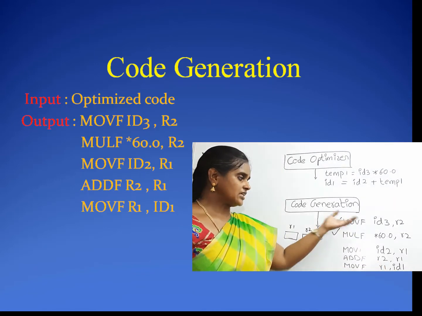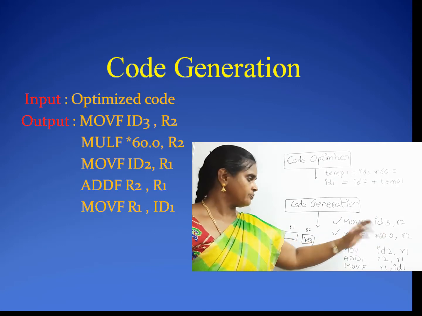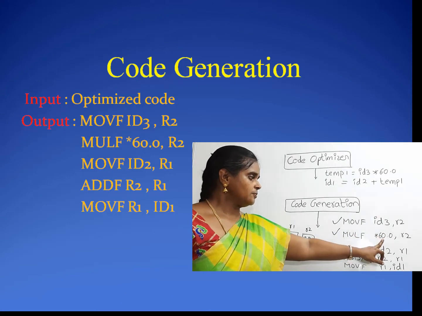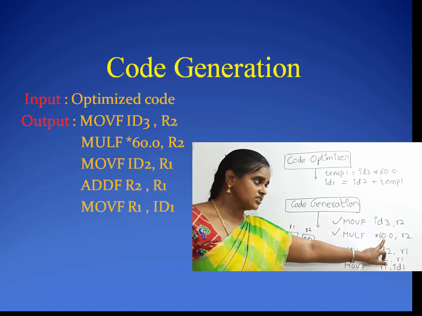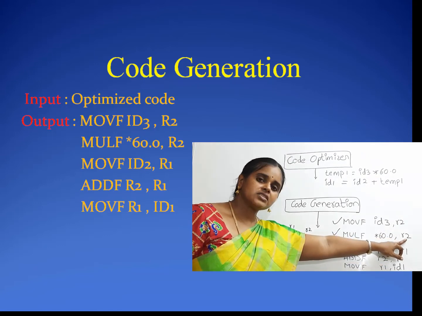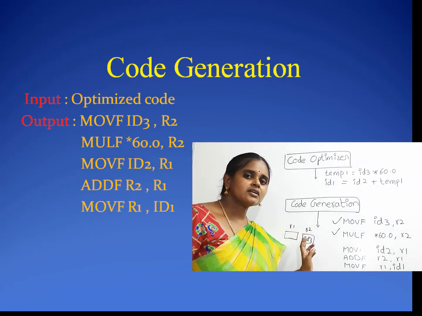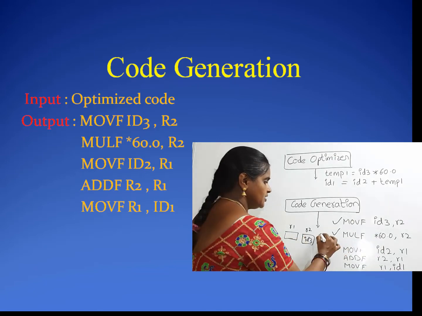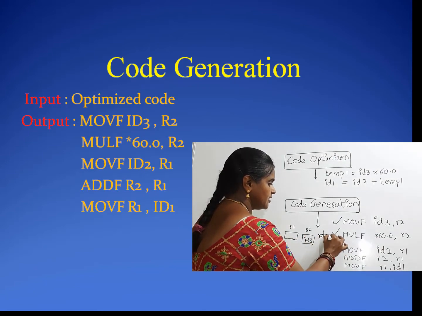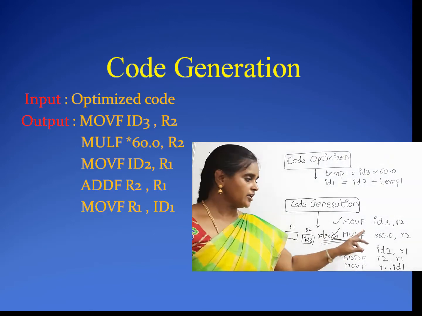That is the notation for floating point mnemonics. Here it performs a multiplication of the constant value 60 with the R2 register. R2 register consists of ID3, and ID3 means rate. Rate star 60 is over up to this.